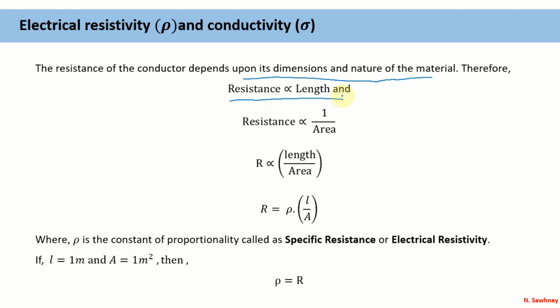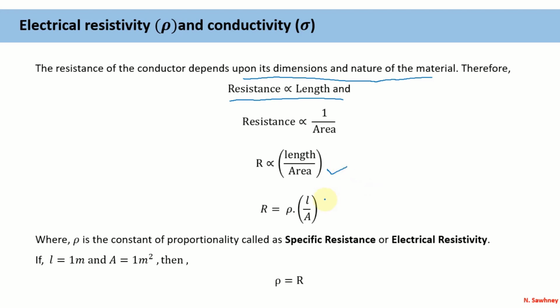And when we decrease the area, the free electrons find it more difficult to pass through smaller cross-sectional areas. So, the resistance increases. Hence, if we combine the above two, we find that the resistance is proportional to length upon area.